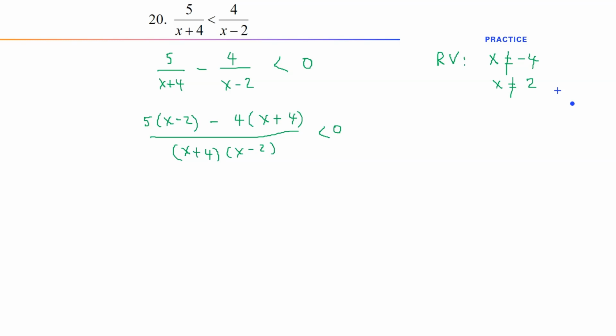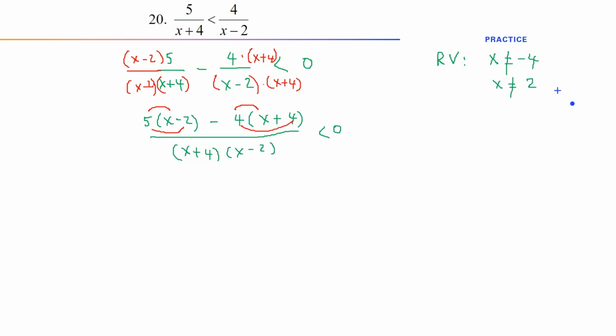The least common denominator is x plus 4 and x minus 2, so I multiply x minus 2 here, and here I multiply by x plus 4. So we have 5x minus 10 minus 4x minus 16.